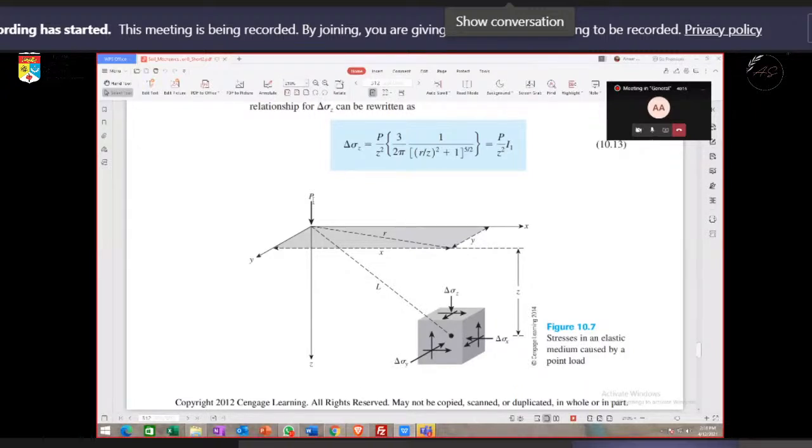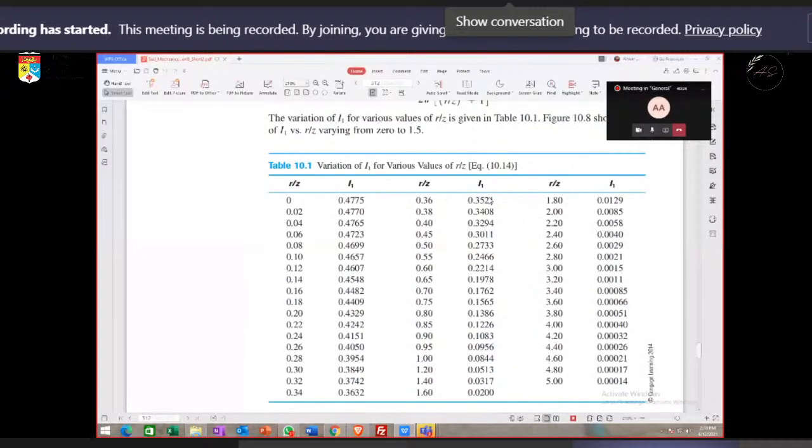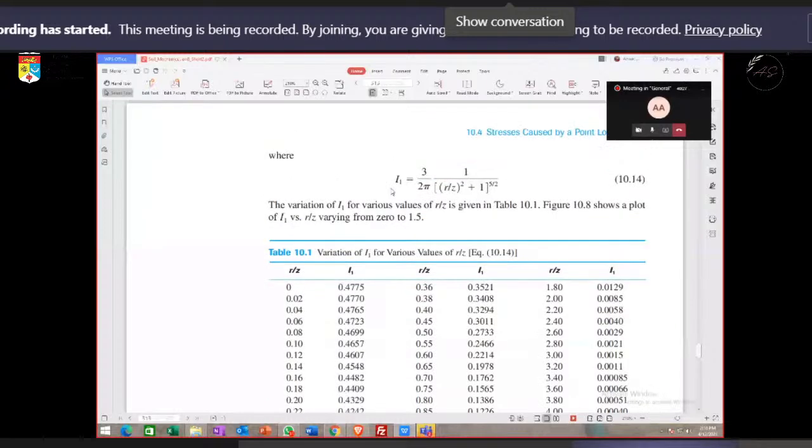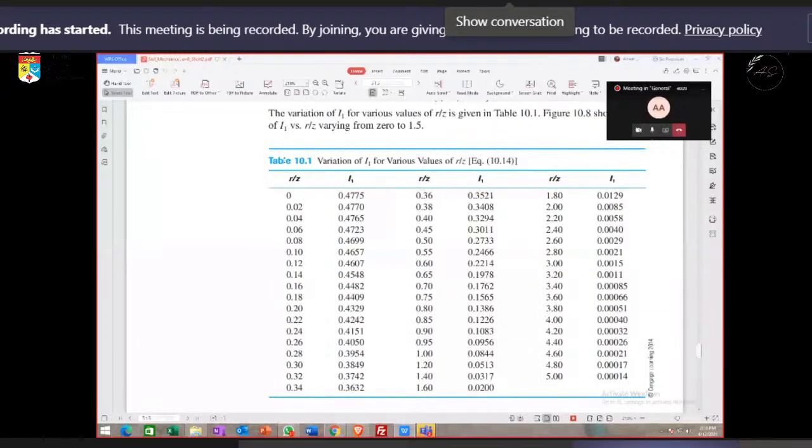So to calculate the increase in stress, we can use this equation. And at the end, we can find I using this table. Okay.